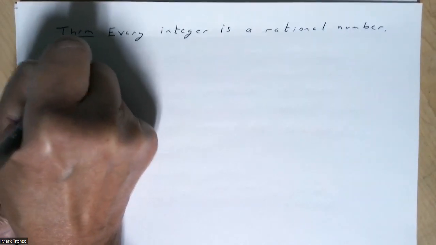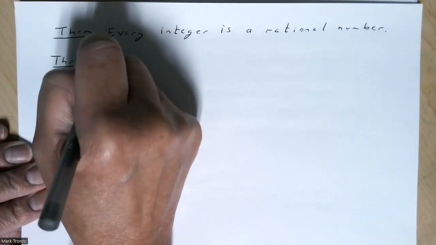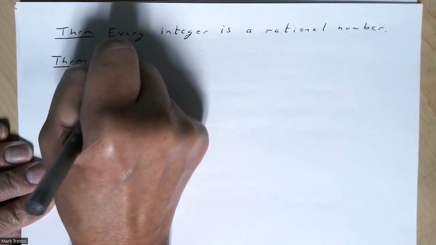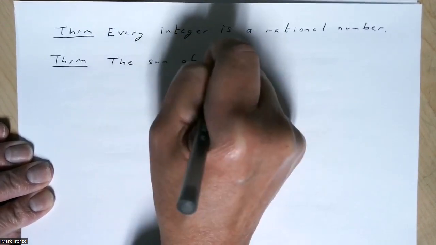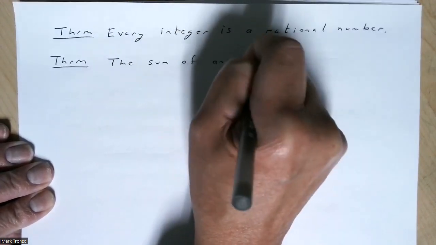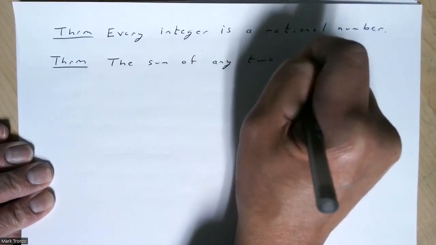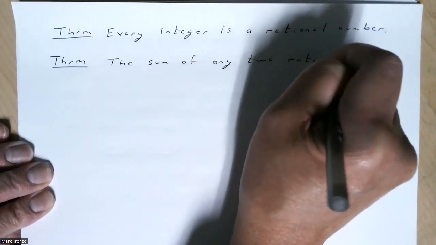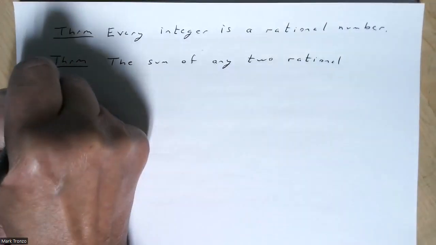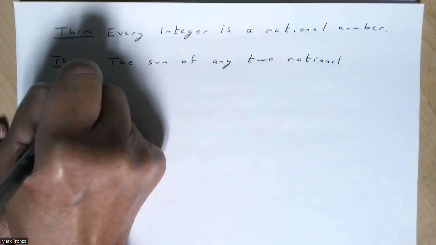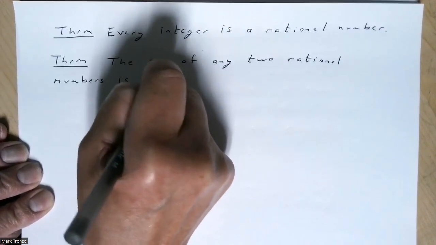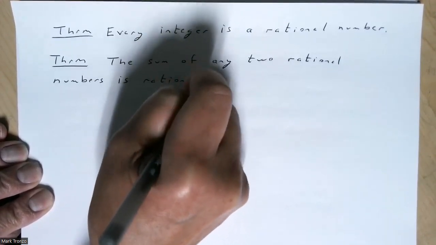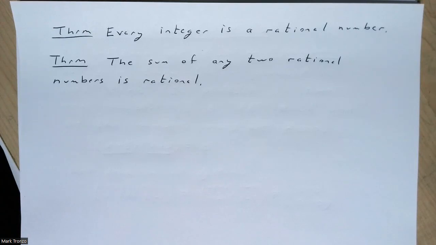And let's look at another theorem here. The sum of any two rational numbers is rational.